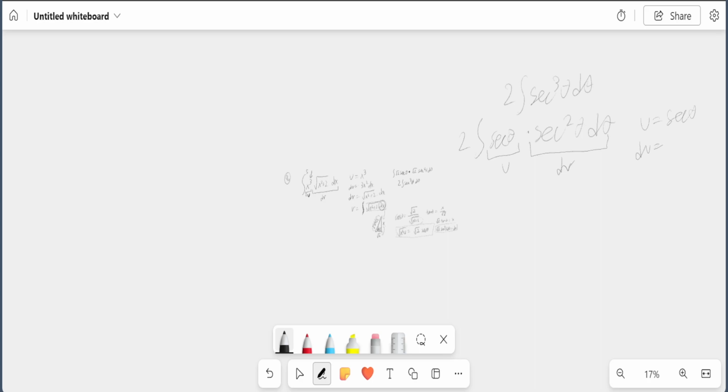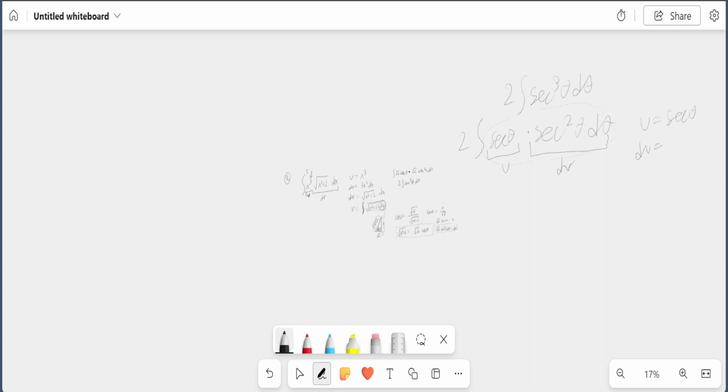And so another thing I want to say with parts and trig functions: it's a very different logic, because trig functions are always cyclical, or they don't terminate, right? The derivative of sine theta is cosine theta, then negative sine theta, and secant theta is a whole other thing. So they don't terminate, but if we choose the right u and dv, hopefully we can use trig identities to simplify afterwards.